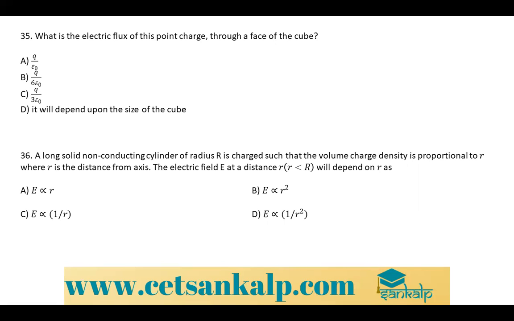According to Gauss law, you can write phi is equal to 1 by epsilon naught times q.